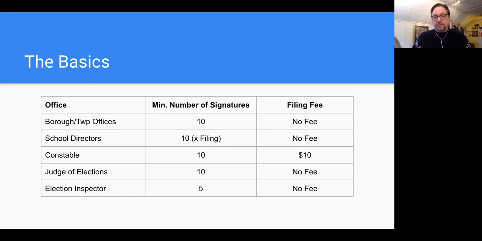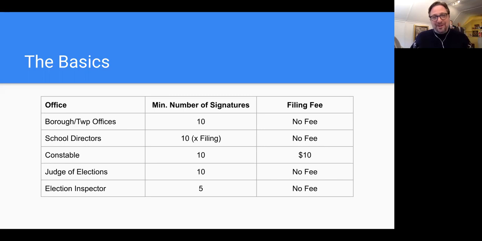There is no filing fee, but it's important to note that the 10 signatures have to come from people who live in that precinct. For most of you, that means you could walk down the block and find probably 10 Democrats to sign your petitions. Again, get a few more than that, double or triple that number. It's easy to do.